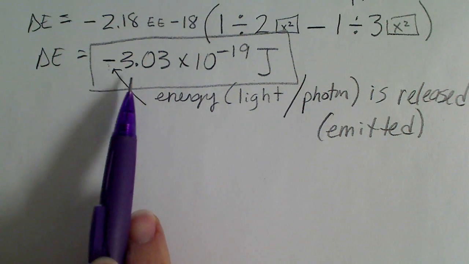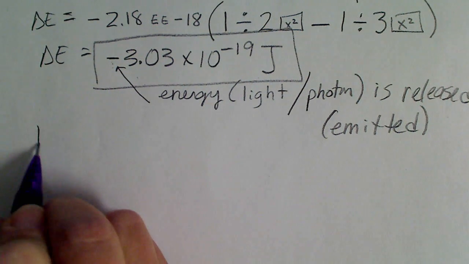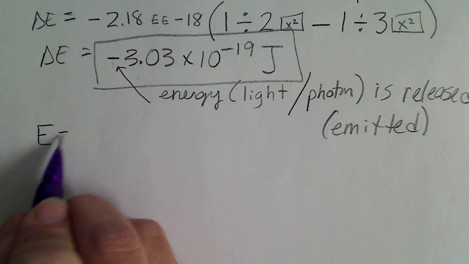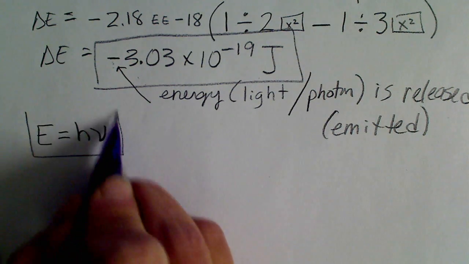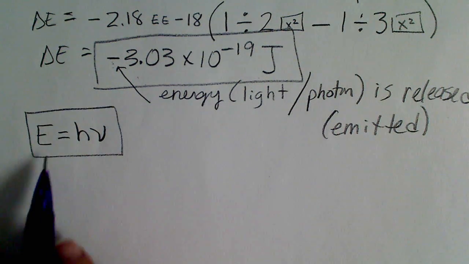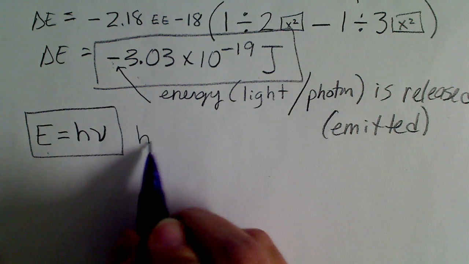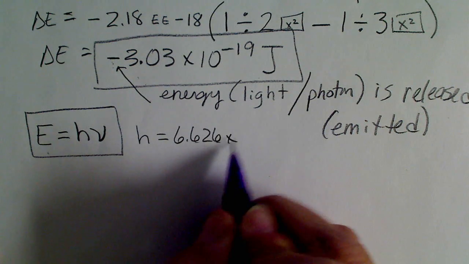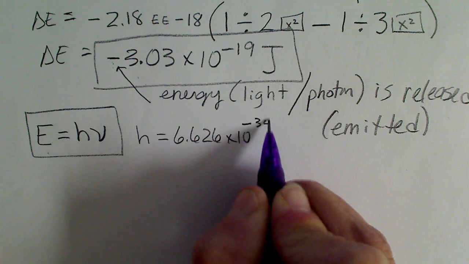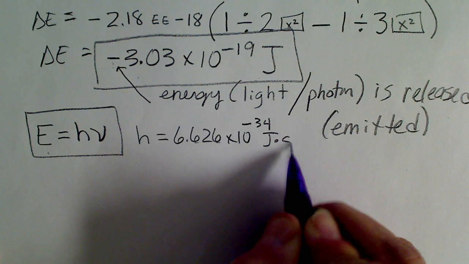Now, once we have the energy calculated, we could use a couple of other fundamental equations that we saw earlier. So this is a very fundamental equation for radiant energy, where h is Planck's constant. So 6.626 times 10 to the minus 34, a very small number.